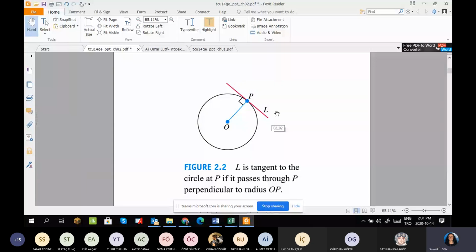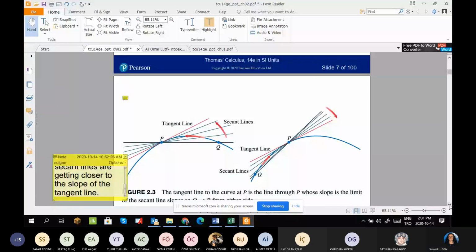The line L is tangent to the circle at the point P if it passes through P perpendicular to the radius OP. So it has to be perpendicular. That's the definition of the tangent line to the circle.